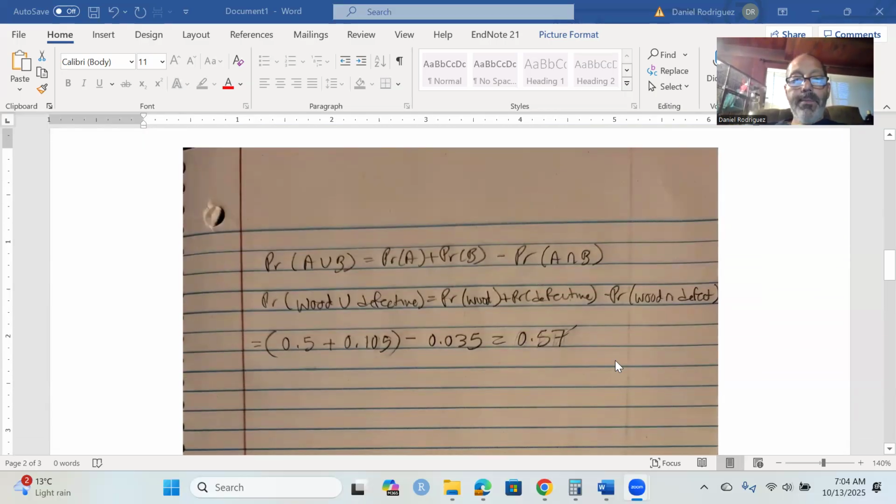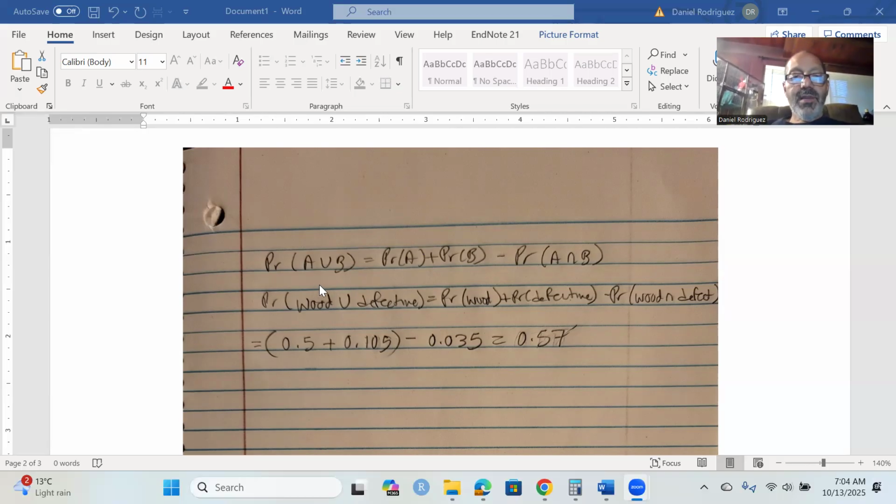So let's look at the probability of being wood or defective. This is using the addition rule of probability. There are all these different rules you have to know: the addition rule, the multiplication rule, the rule of complementary events, etc. So the probability of A or B, this is the union. Union is translated as or, and or in probability translates to addition, just like and translates to multiplication.